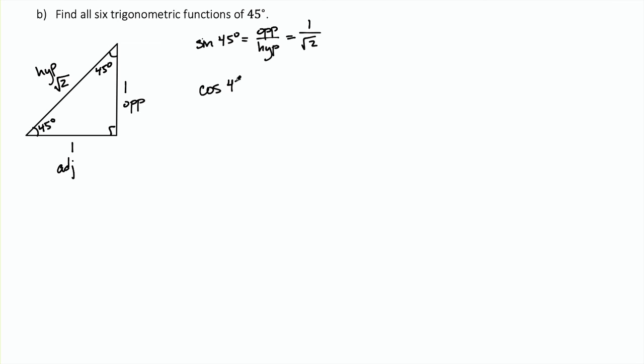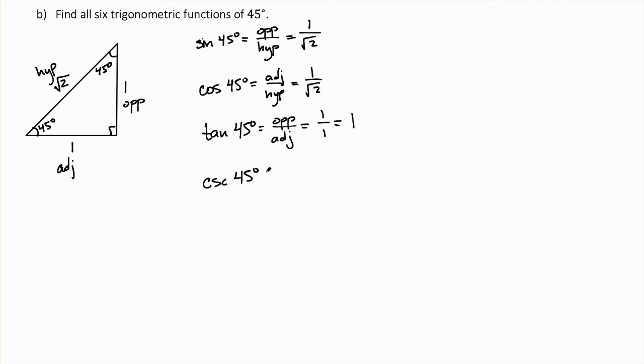Cosine of 45 degrees, cosine is adjacent over hypotenuse, and that's also 1 over root 2. Tangent of an angle is opposite over adjacent, which is 1 over 1, which is just 1. Then we have cosecant of an angle, and cosecant is hypotenuse over opposite, which is root 2 over 1, which is just the square root of 2.